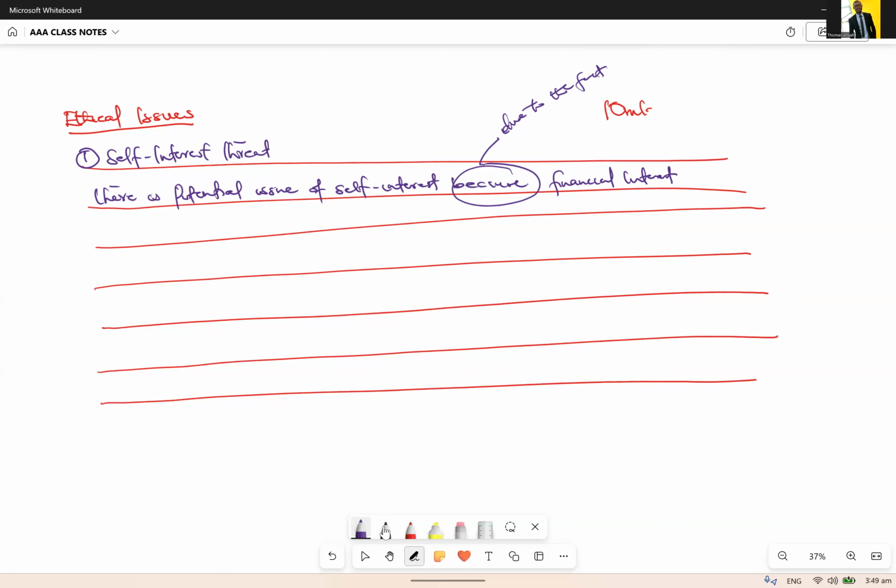Once I say financial interest, which part of the question you've been given talks about financial interest? Kojo Menu owns 50%. That part that is in the question, go and copy it and paste it in your answer.